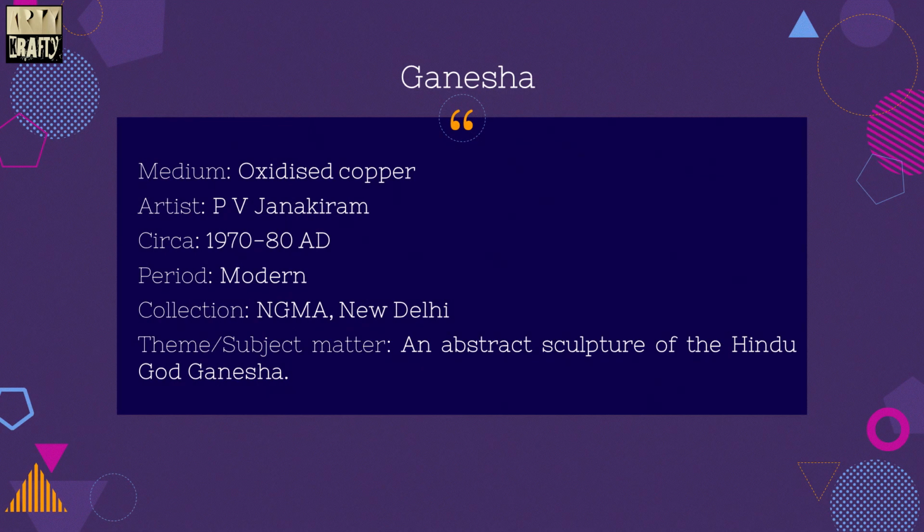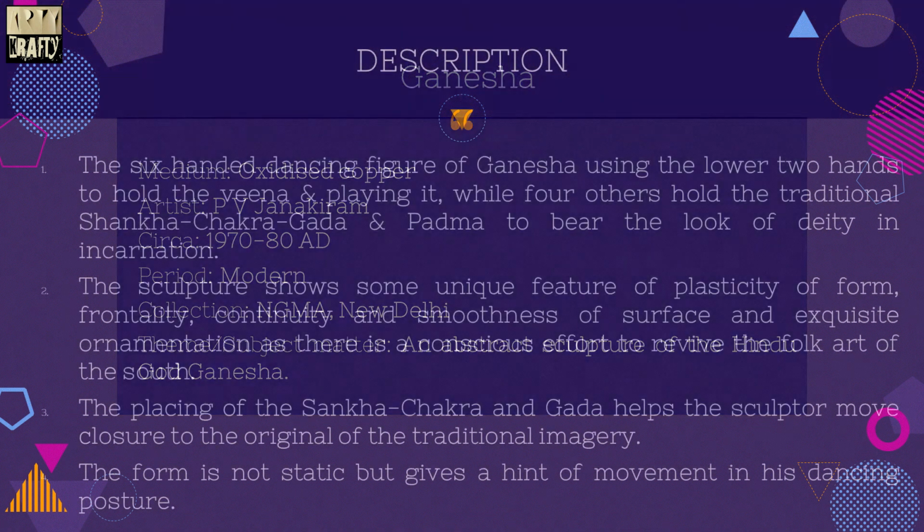Ganesha. Medium: oxidized copper. Artist P V Janakiram. It was done between 1970 and 80 AD. Period modern. It is in the collection of NGMA, New Delhi. Theme or subject matter: an abstract sculpture of the Hindu god Ganesha.